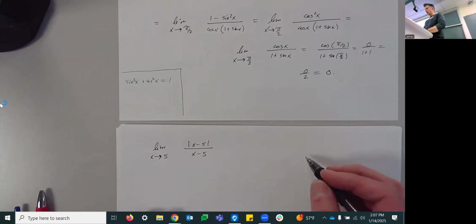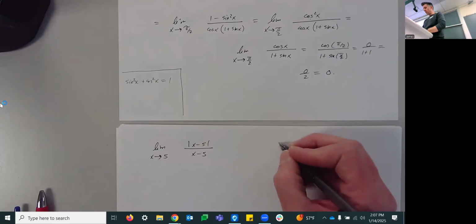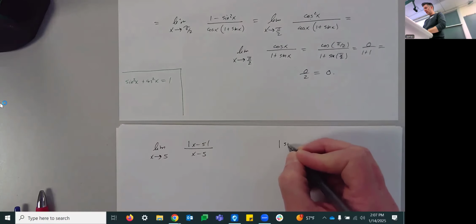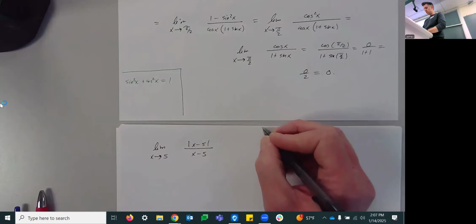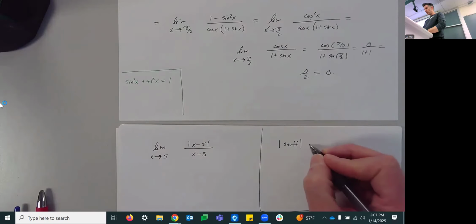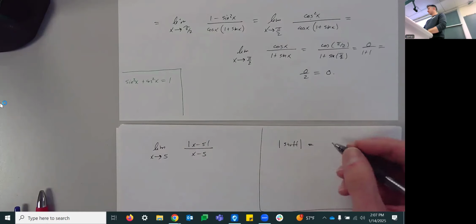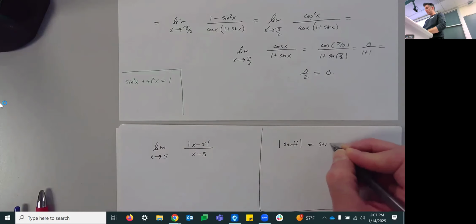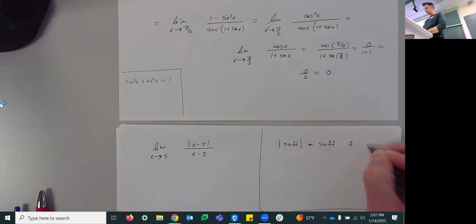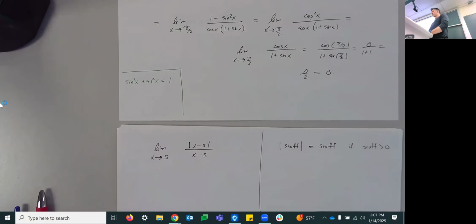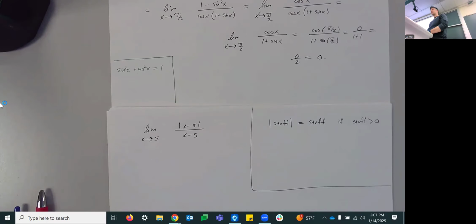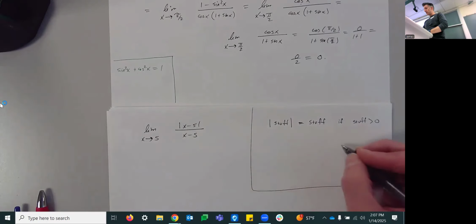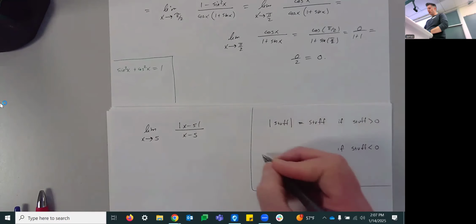So here's a reminder: the absolute value of some stuff. If the stuff is already positive, great, you just get that. But if your stuff happens to be negative, then the absolute value of that stuff isn't just the stuff, right?